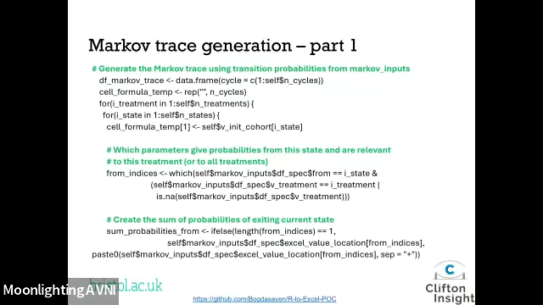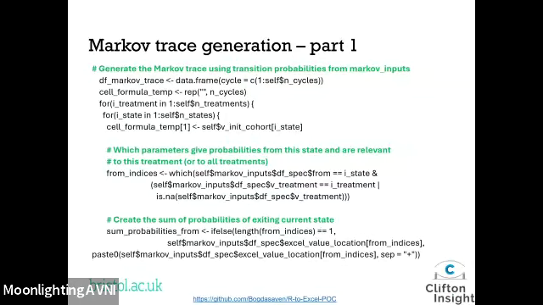So I've pasted in the code here. Basically, you can look at the comments to see what it's doing. We're going to generate the Markov trace using the transition probabilities from Markov inputs. We look at which parameters give probabilities from this particular state and are relevant to this particular treatment or to all treatments. That's what the conditional logic statements are doing.